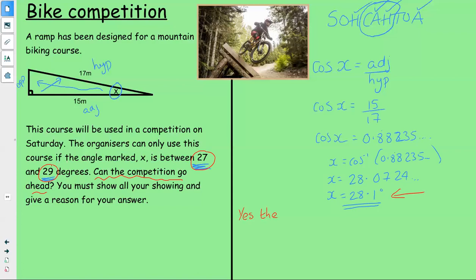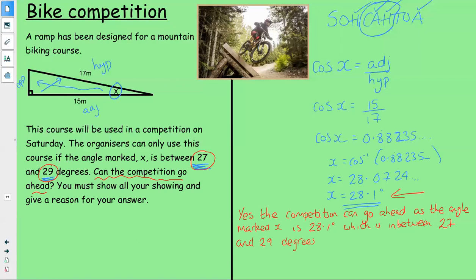Yes, the competition can go ahead as the angle marked X is 28.1 degrees, which is between 27 and 29 degrees.